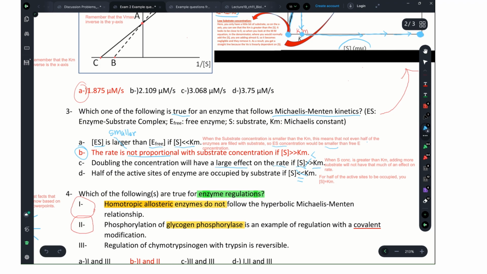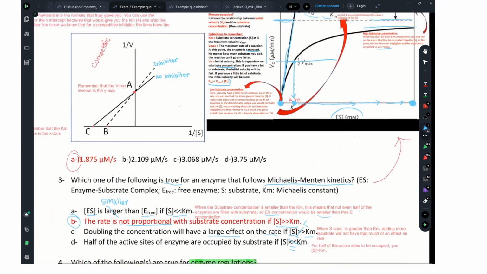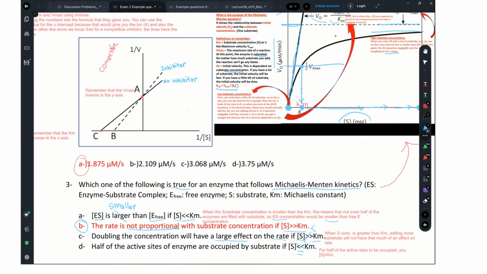The rate is not proportional with substrate concentration if the substrate concentration is larger than the Km. So let's look at our graph. We found out here that if the substrate concentration was smaller than the Km, then the rate was dependent on substrate concentration.